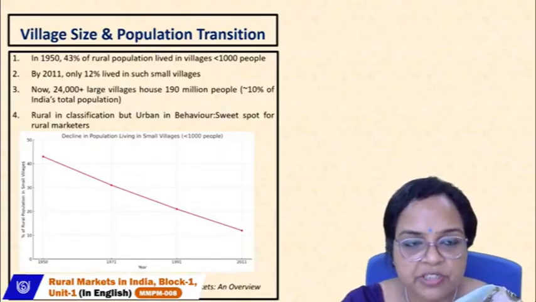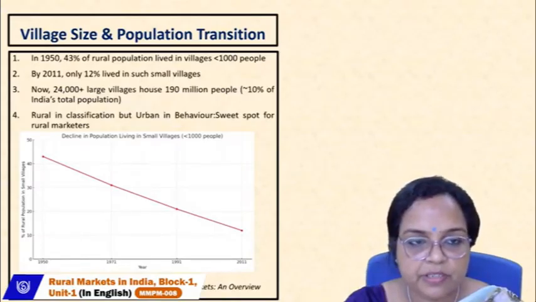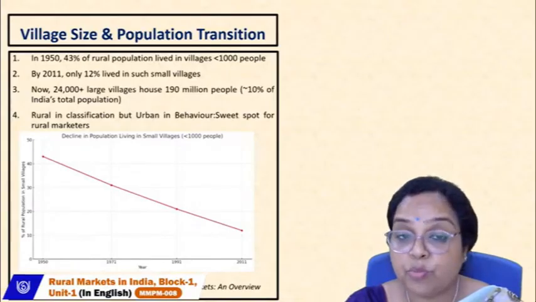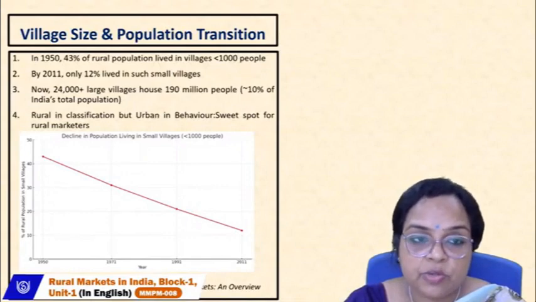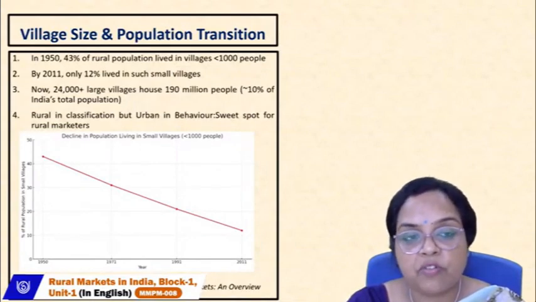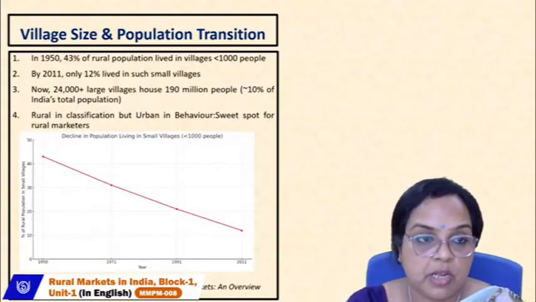Village size and population transition. If you go back to 1950, 43% of the rural population lived in villages having fewer than 1,000 people. By 2011, only 12% lived in such small villages. There is a change.